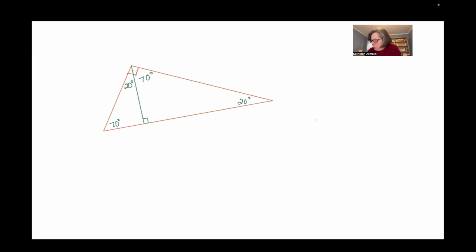Now, as we work through this lesson, it'll be helpful to be able to refer to the three sides. The side opposite the right angle is the hypotenuse. Of course, 20 and 70 were just made up numbers, but it would work for any numbers that I chose, the three triangles would be similar. There would be the short leg, which will be opposite the smallest angle.